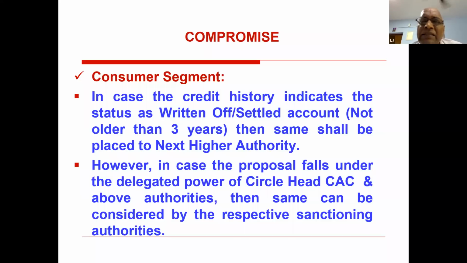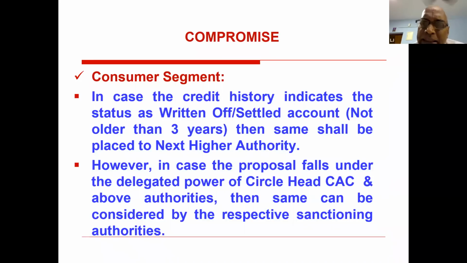Let us assume he is coming under CRG2. So he is coming for a retail loan, consumer segment, Canara Budget. You can sanction the loan, he is getting CRG2. The respective sanctioning authorities can sanction the amount asked for under your delegated power. All are in order.